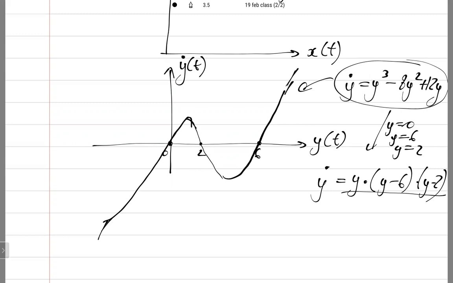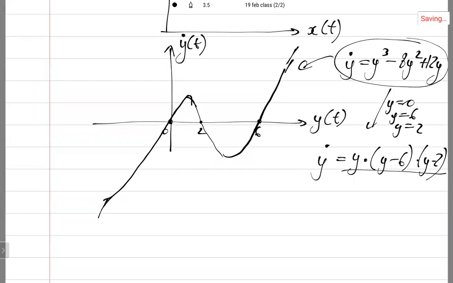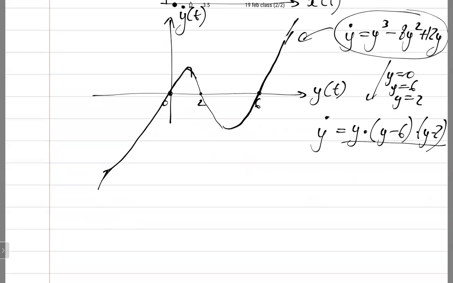And now I can easily classify my equilibrium as stable or unstable using this plot. So just for example, let's imagine that y0 is 7.